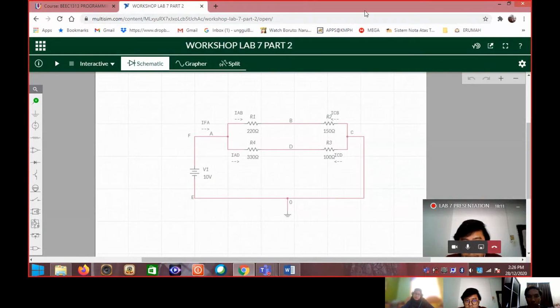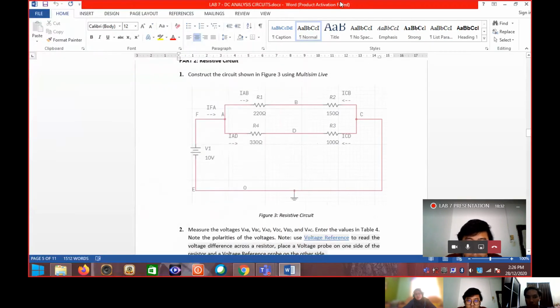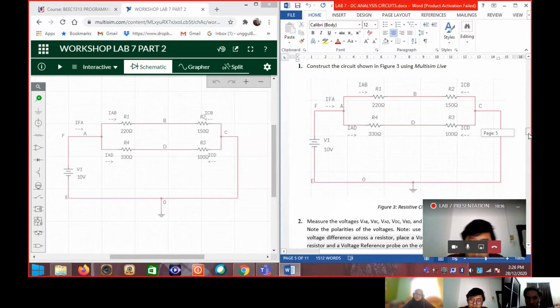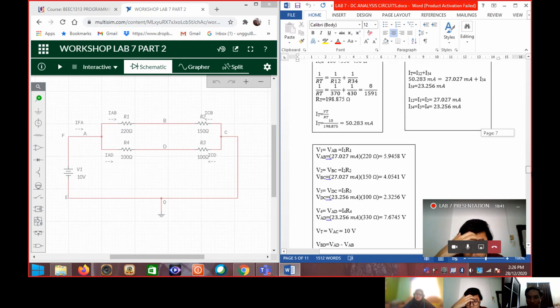This is the circuit that we constructed in the second part. Here are the values that were given, which are 10 volt for the source and the resistor values needed. I'm going to split it out like this so it is easier for us to see.